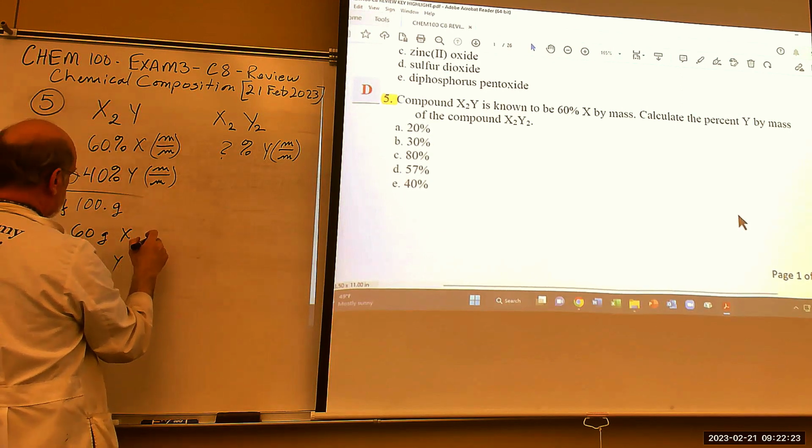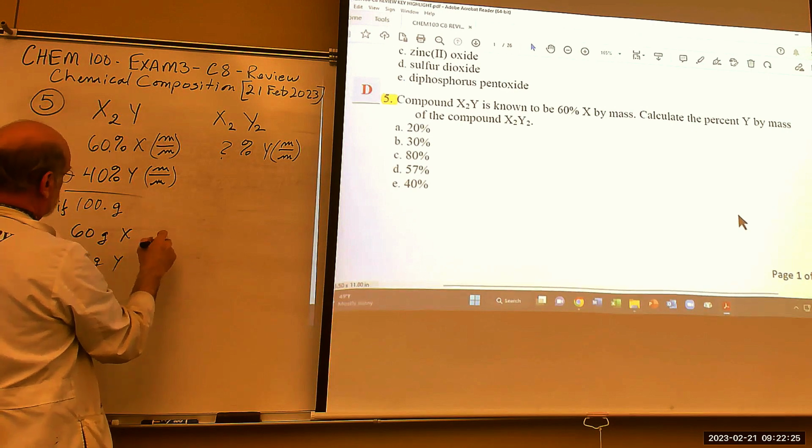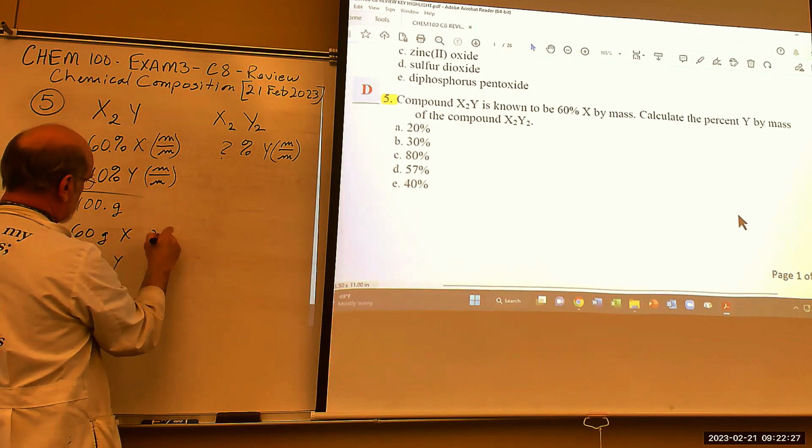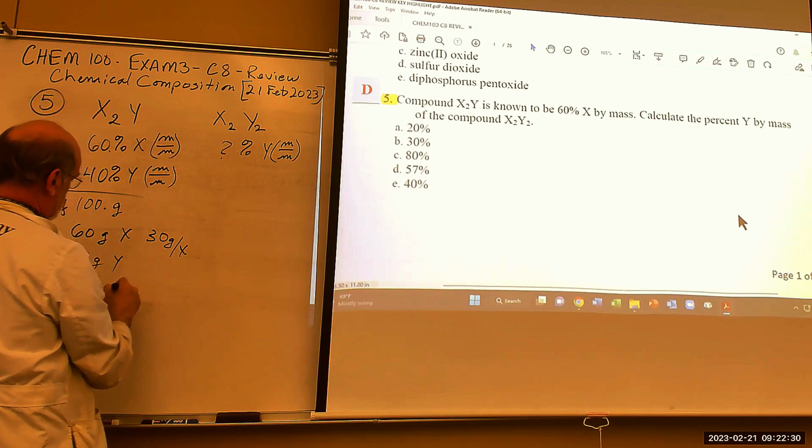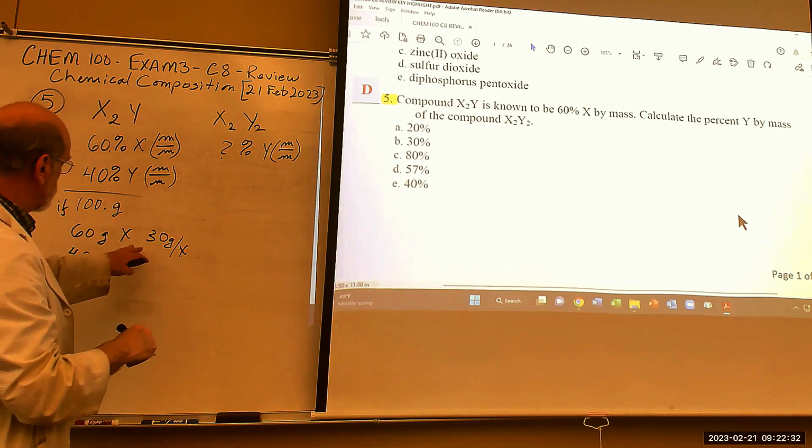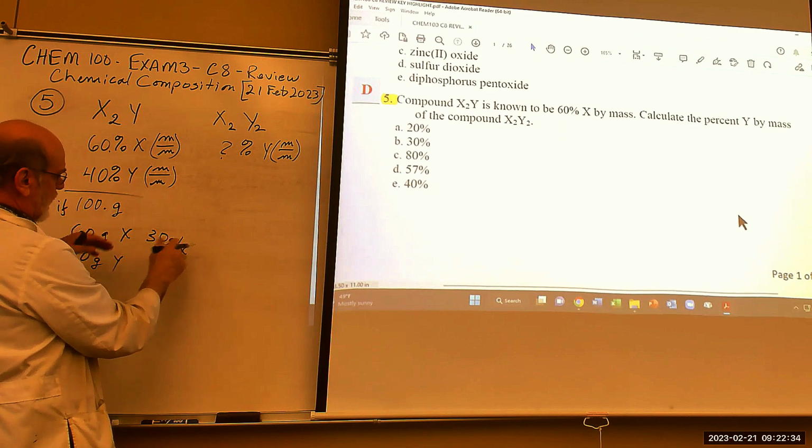The individual X is 30 grams per X. So if we have two, well, now that didn't help any.